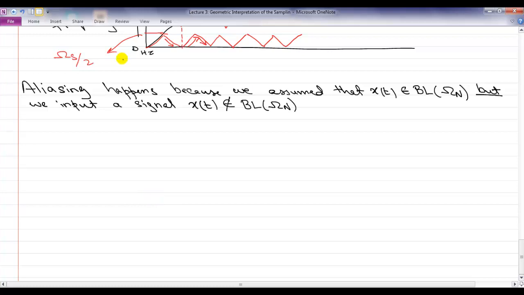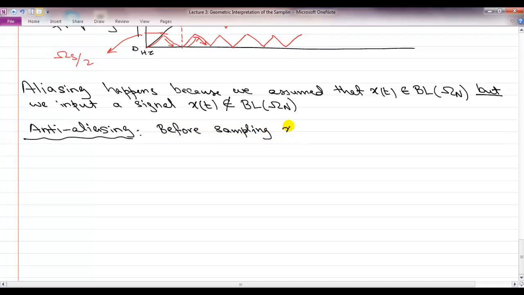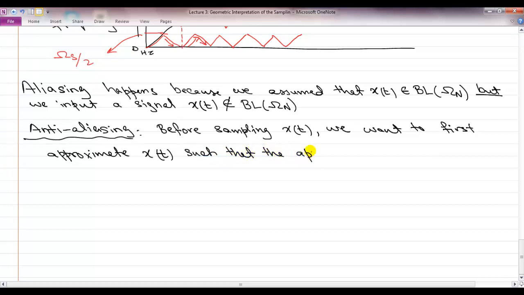So what I mean by anti-aliasing is, before sampling x of t, we want to first approximate x of t such that the approximation, let's call that x tilde of t, belongs to the space of band limited signals.